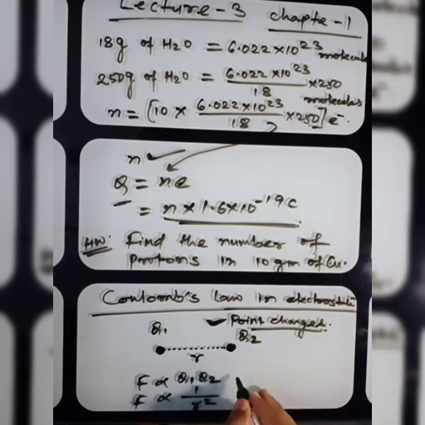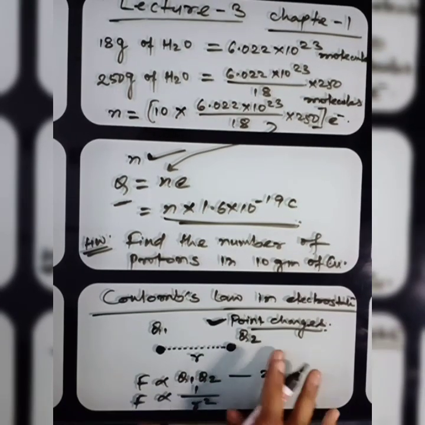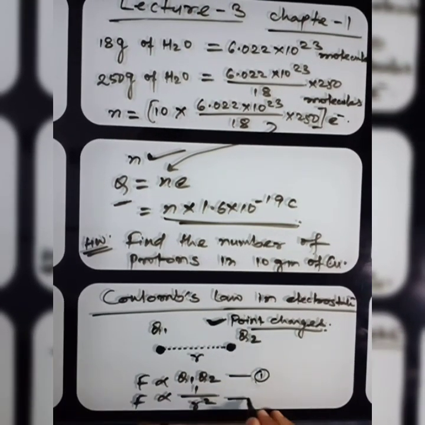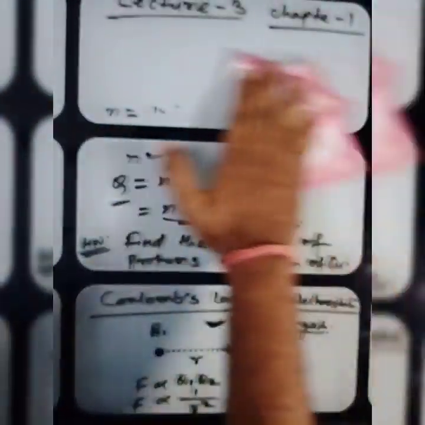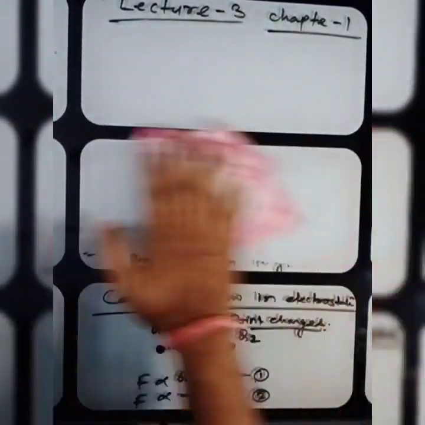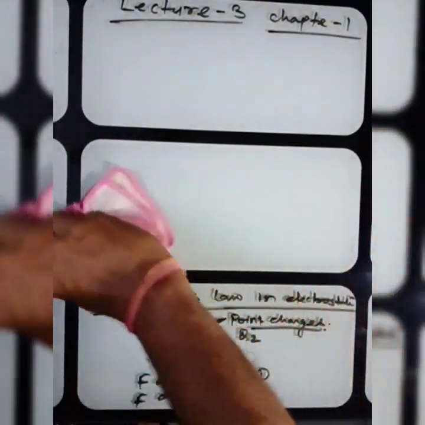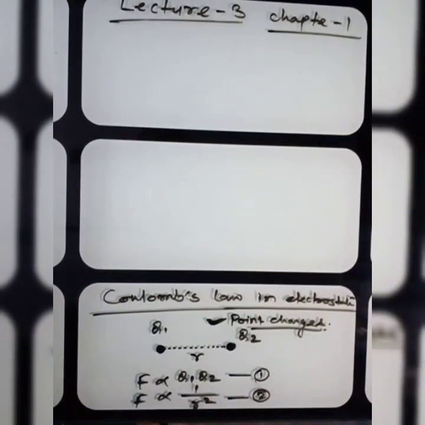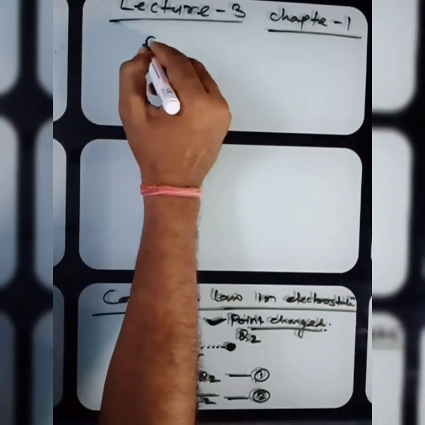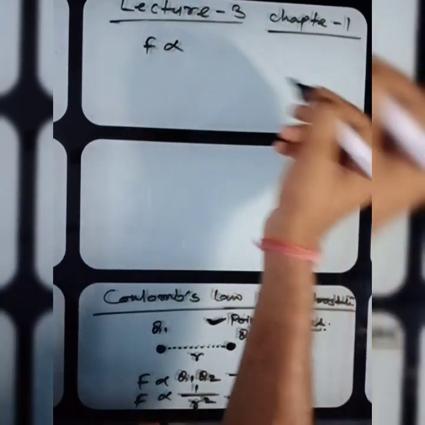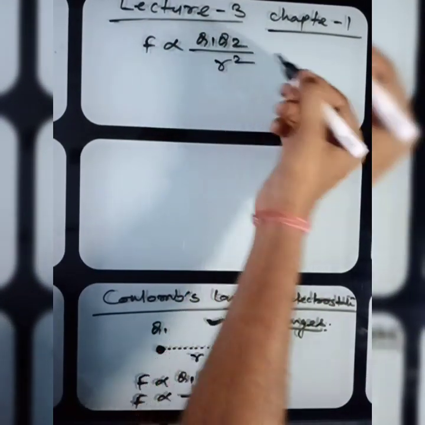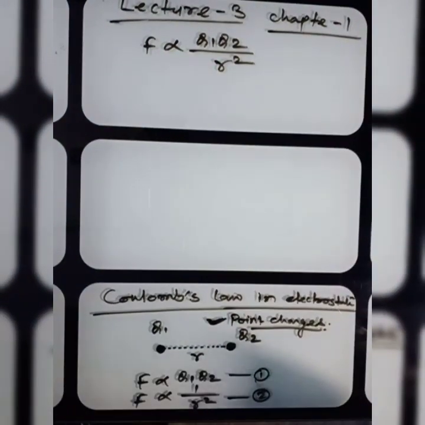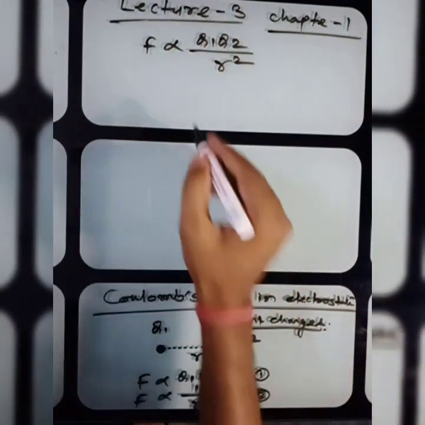Now these two relations can be considered as equations, and combining them we can write that the force of attraction or repulsion between two charges is directly proportional to the product of charges and inversely proportional to the square of separation.